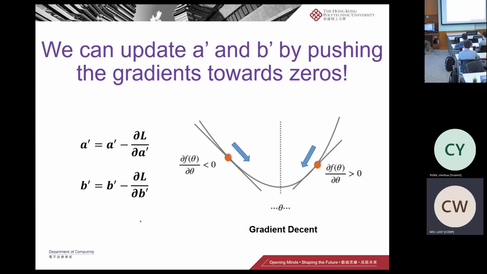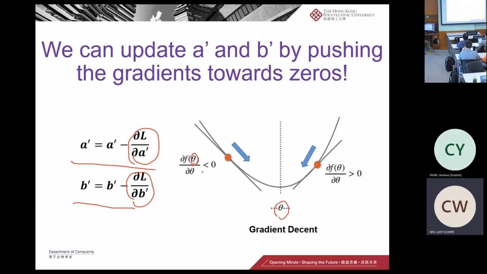Here you can see we can gradually update the A prime and B prime we have with their gradients. This is the formula for doing it, and we just subtract their gradients. The intuition here is, be careful because I'm using theta.